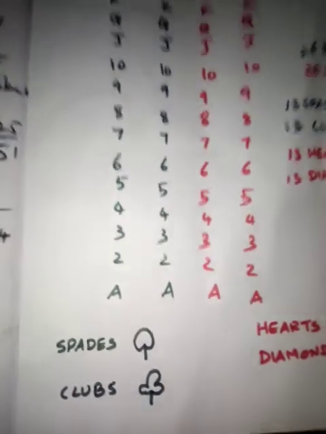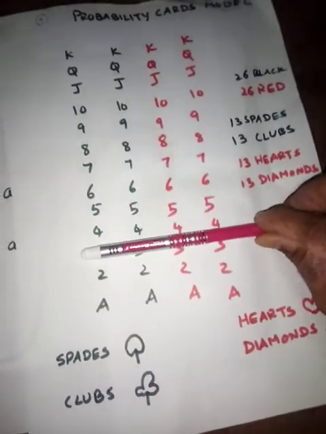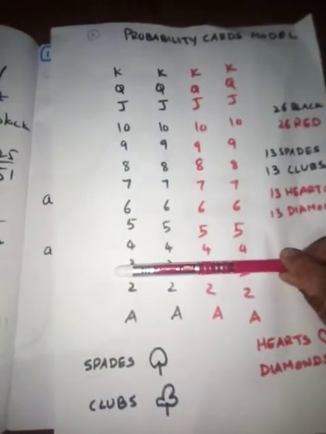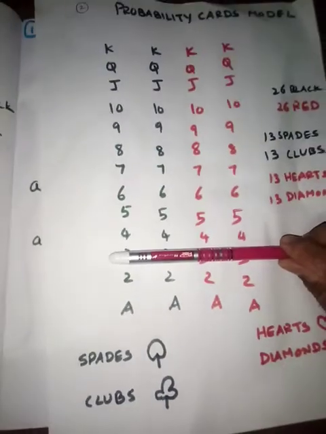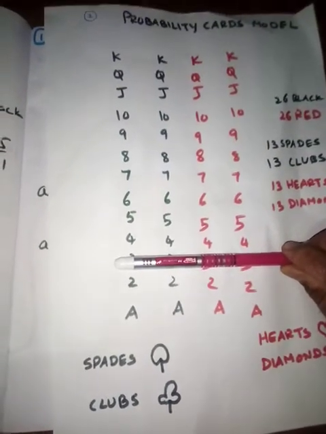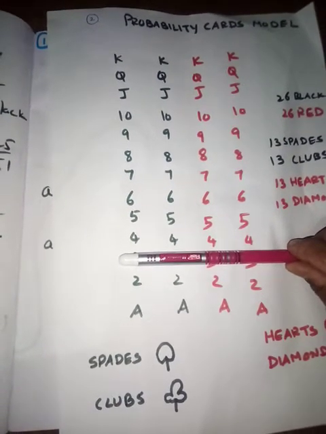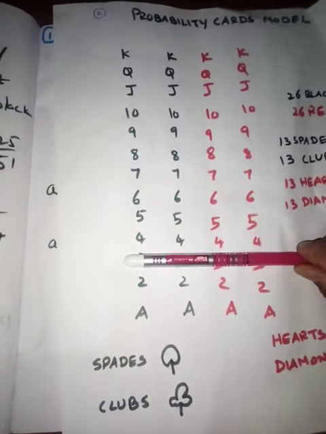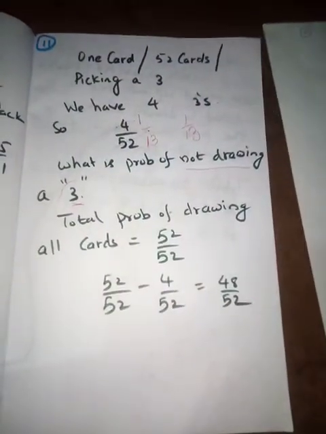There are 4 threes, and we should not take these 4 threes. So out of 52, 4 are gone. Not drawing a 3, we have only 48 cards. In this 48, we can take 1. So the denominator will be 48.